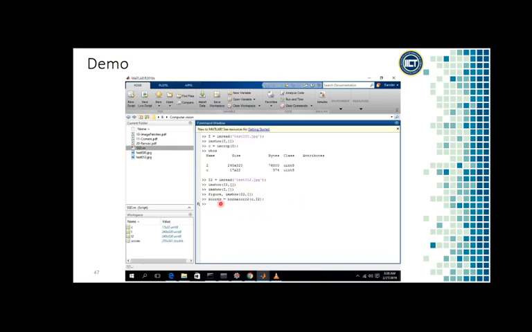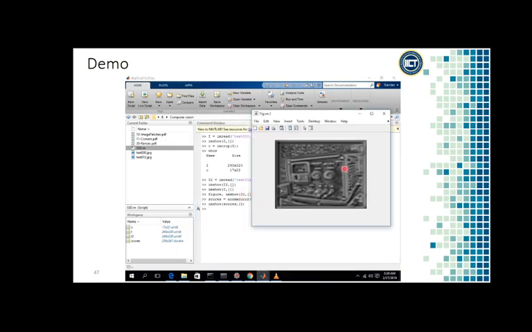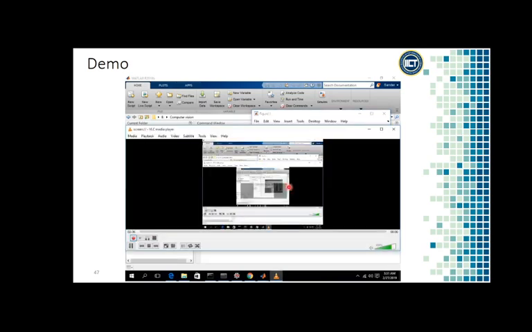Once you calculate the scores, you can visualize them. The higher the score, the brighter the spot. So you can see that this particular spot is quite bright, so it has the highest score among all of the scores.